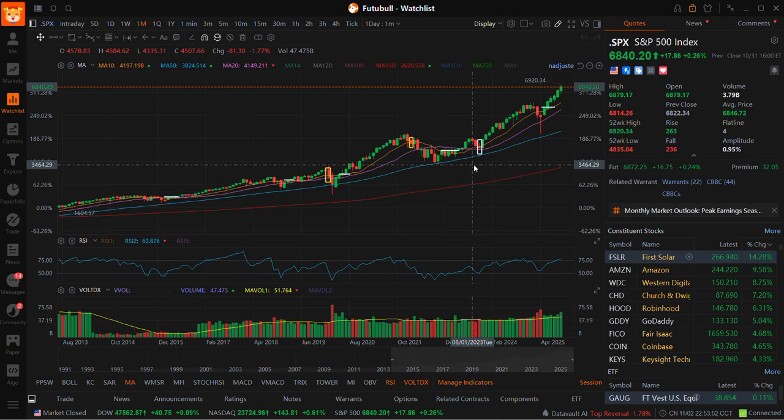But if you are buying the major market, like the QQQ and the SPY, they will not go bankrupt, so you are in safe hands. But individual stocks can go bankrupt.